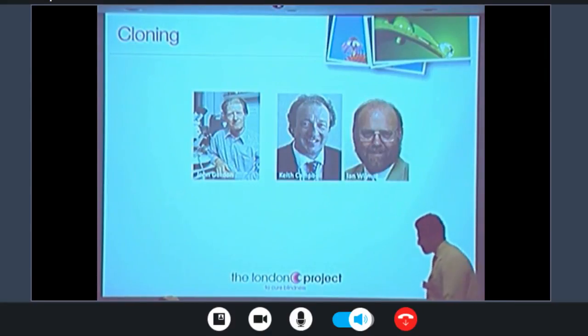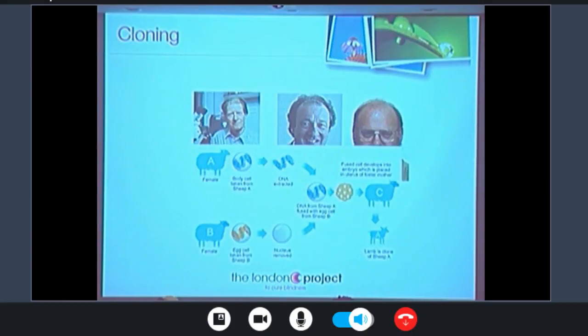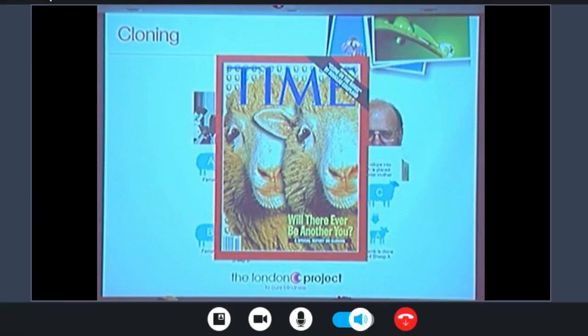And what it further developed was the whole process which both Keith Campbell and Ian Wilmut were pioneers in, which was the whole area of cloning. So that genetic code of how we developed, what we became, did not disappear, was not lost when we were born, but is present in every single cell of our bodies.